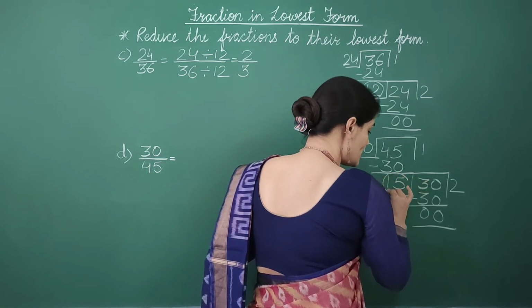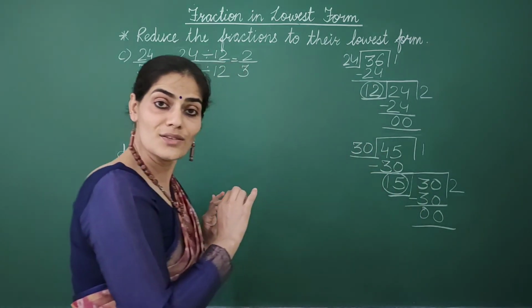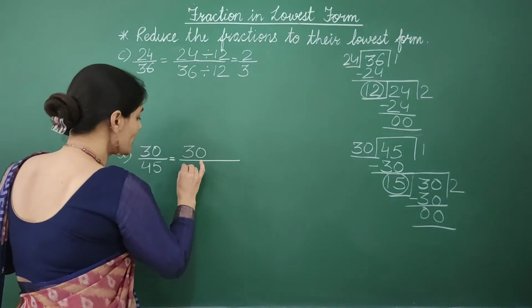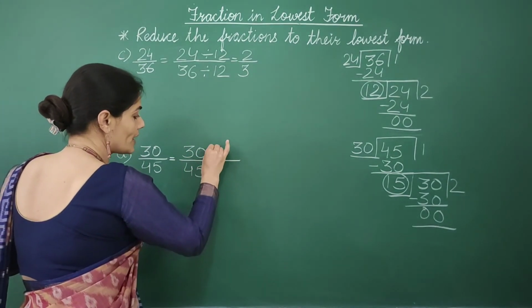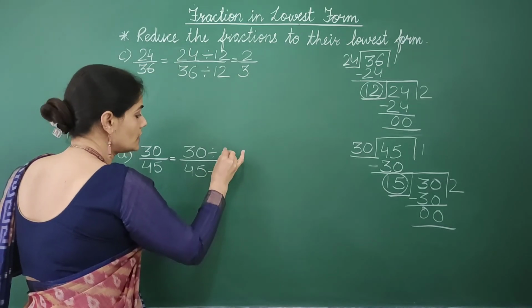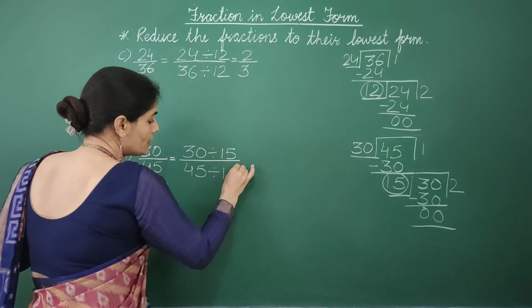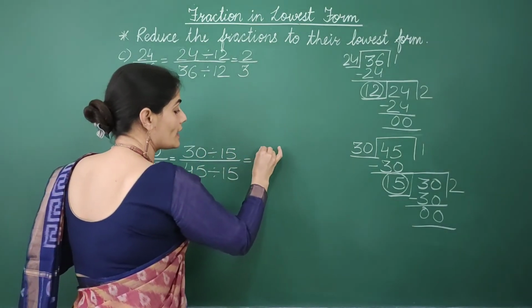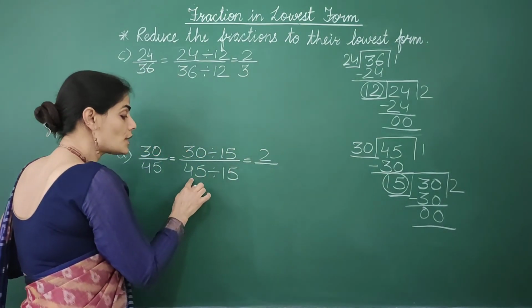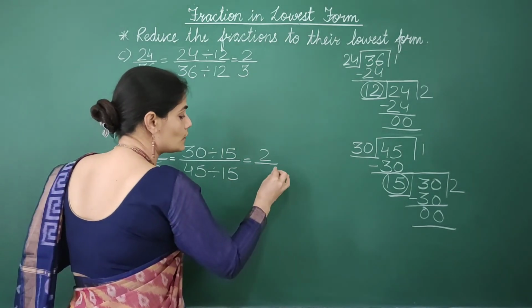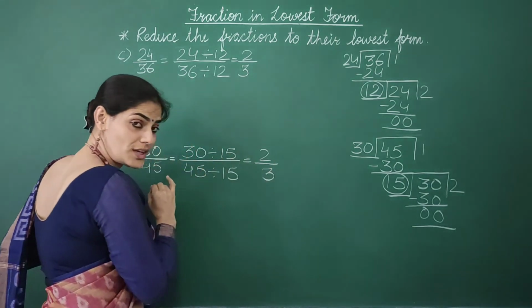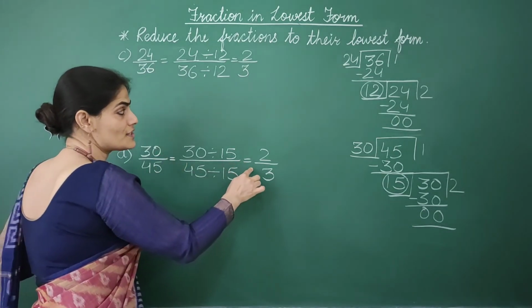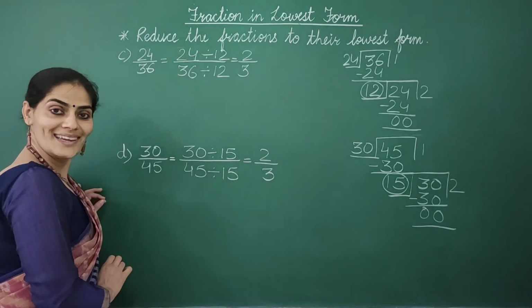That means the HCF of these two terms is 15. So we divide 30 as well as 45 by the highest common factor 15. Now when we divide 30 by 15, the answer will be 2 and 45 divided by 15 will give us the answer as 3. So the lowest form of 30 by 45 is equal to 2 by 3.